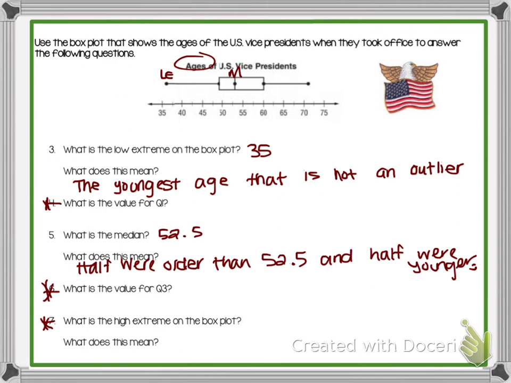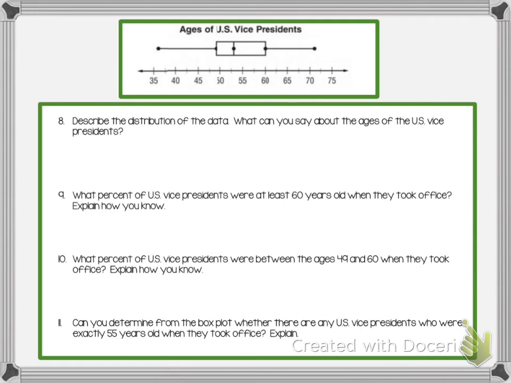And then let's go to number 8. Number 8 says, to describe the distribution of the data, what can you say about the ages of the U.S. presidents? So the distribution is like the spread. What can we say about the distribution of the ages? So we would use our low extreme and high extreme on this.